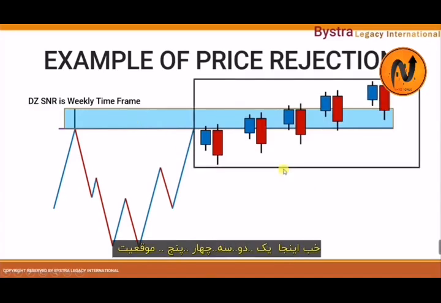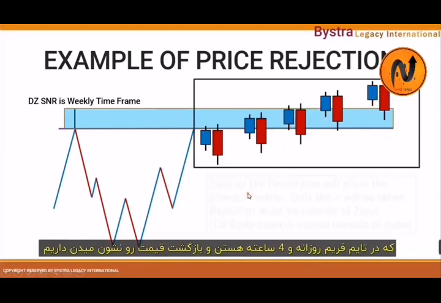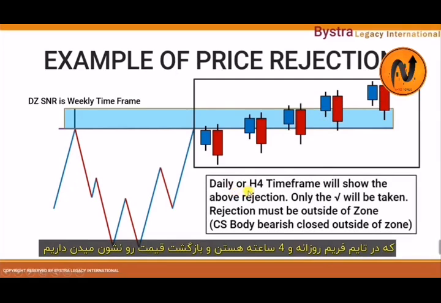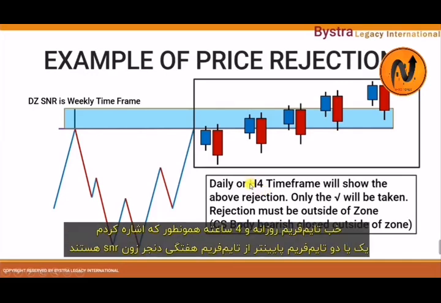So here there are 1, 2, 3, 4, 5 situations where the daily and the H4 time frame show the rejection. So the daily and H4, as I mentioned again, is 1 or 2 time frames lower than the weekly time frame of the danger zone SNR.